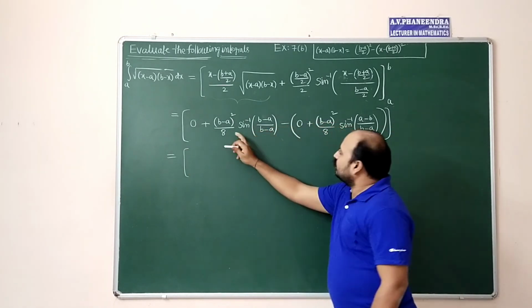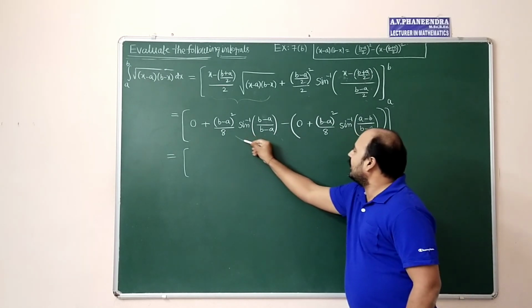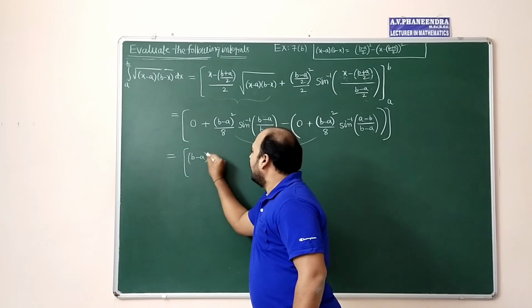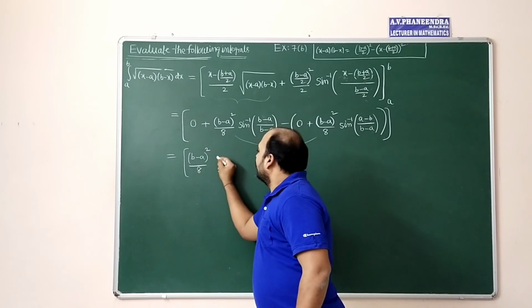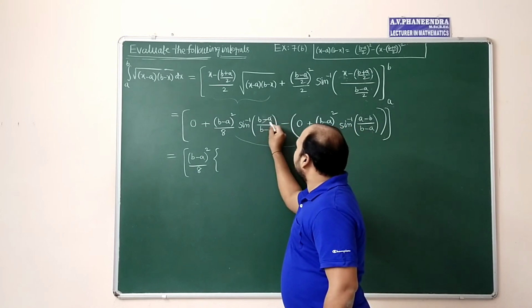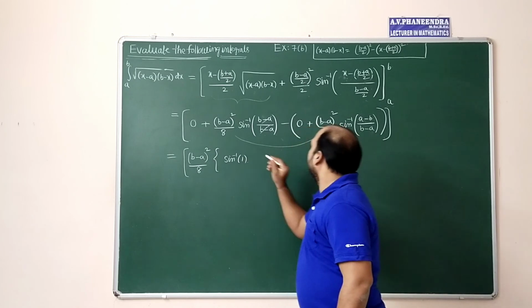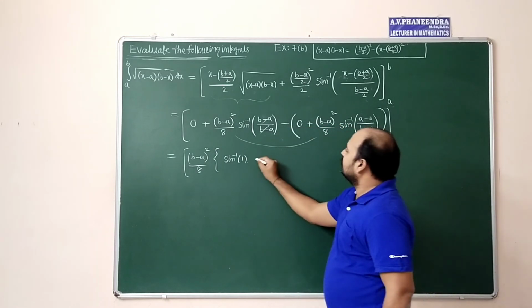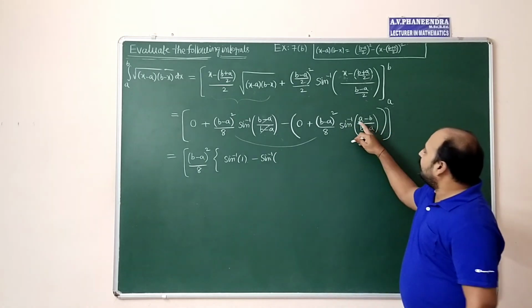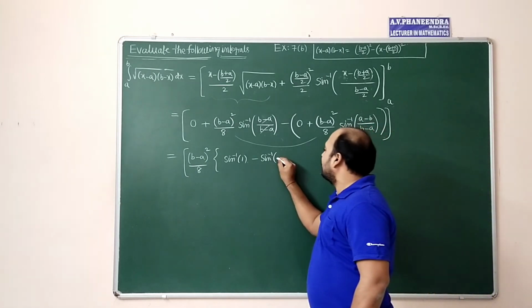From these two, we can take common b minus a whole square by 8. Sine inverse of here b minus a get cancelled. Sine inverse 1 minus sine inverse of here minus, if you take common, minus of b minus a get cancelled. Sine inverse of minus 1.